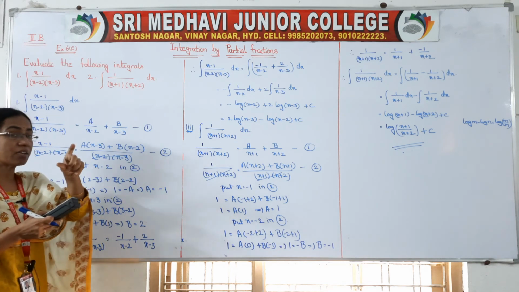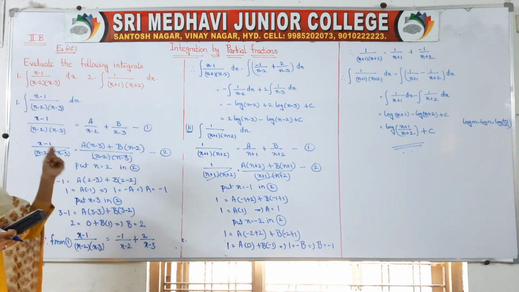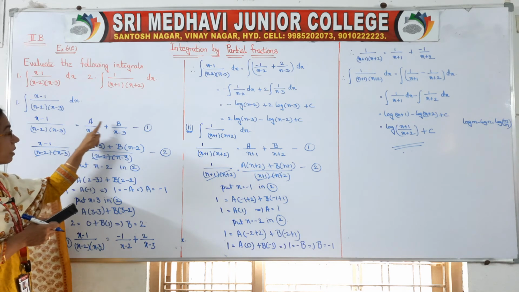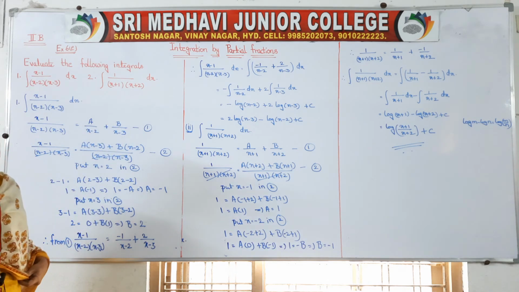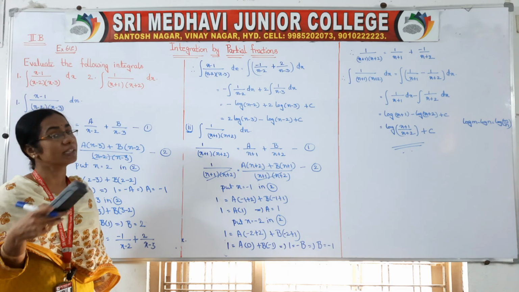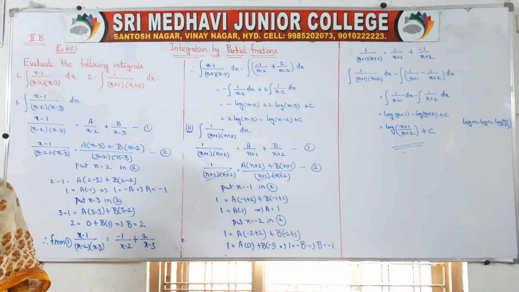For each linear factor, we have to take one fraction. How do we take the fraction? Some constant by that linear factor: A by linear factor, B by linear factor, C by linear factor. Like that we have to take. After that, find out those constant values and substitute. That is called resolving the given fraction into partial fractions.